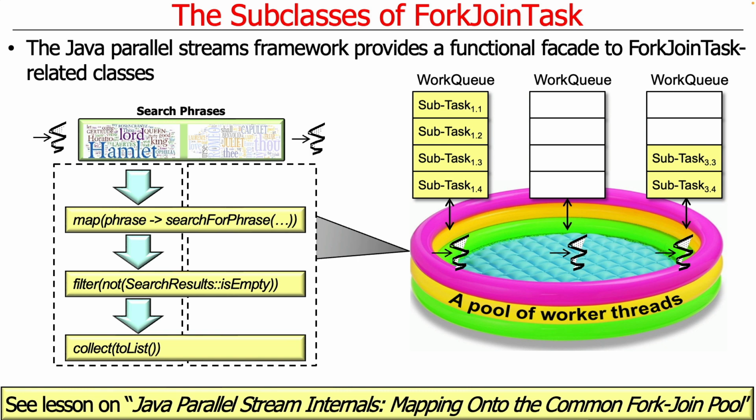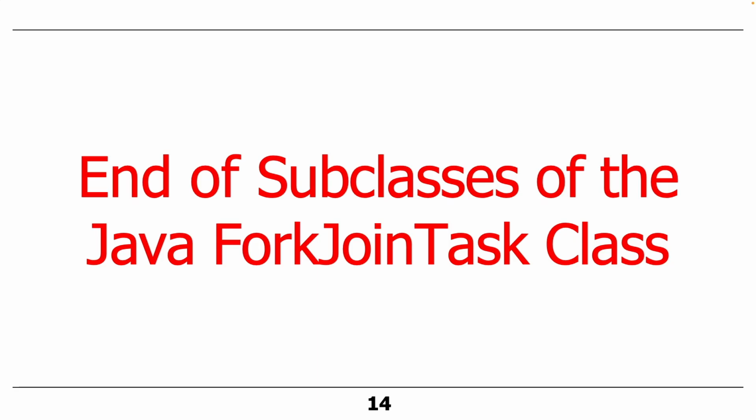Those behaviors are functional in nature. They're method references. They are lambda expressions. They're implementations or instantiations, if you will, of functional interfaces. And therefore, all the details of the ForkJoin framework go away. And you'll get a lot of chance to play around with that in an upcoming assignment, which will take what you did in assignment 1 and then simplify the various stages in several steps by using streams and parallel streams. So that's the end of our discussion on subclasses of ForkJoinTask.